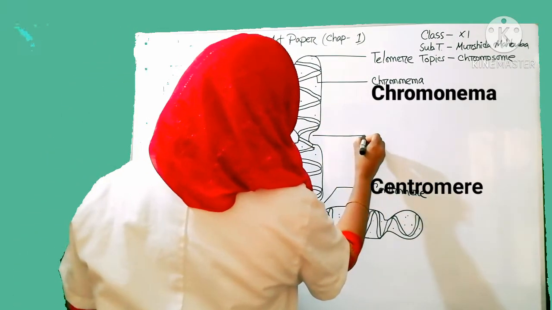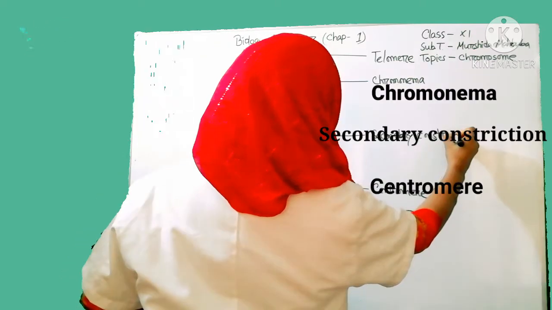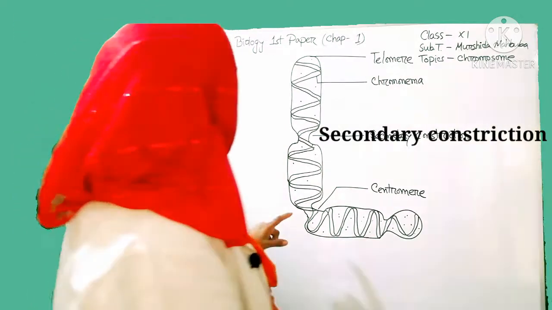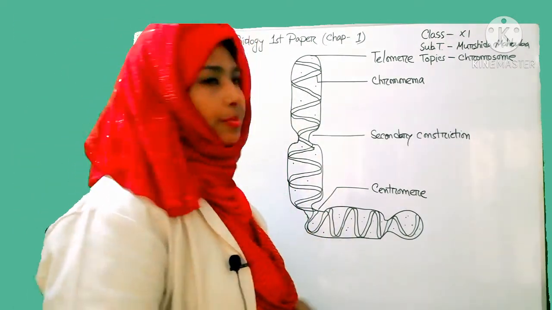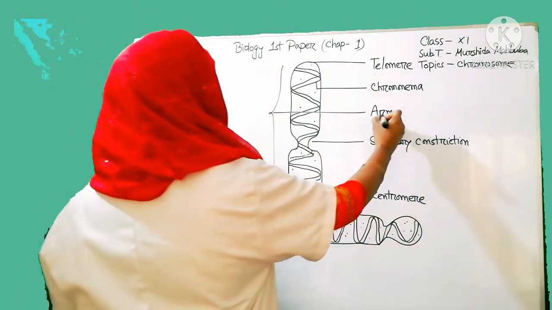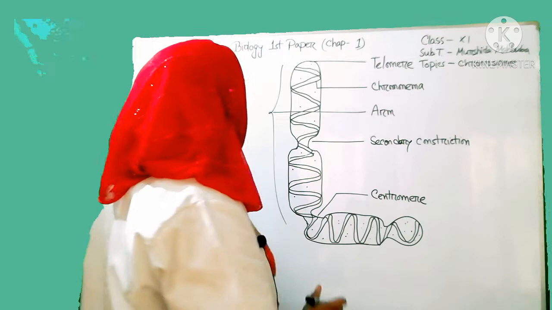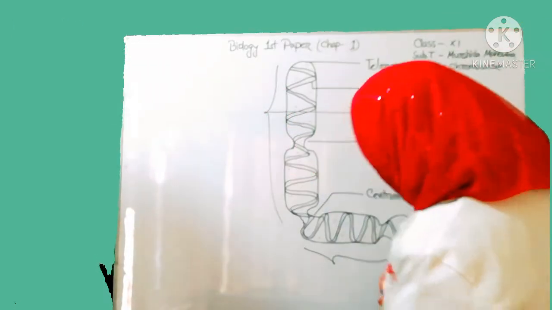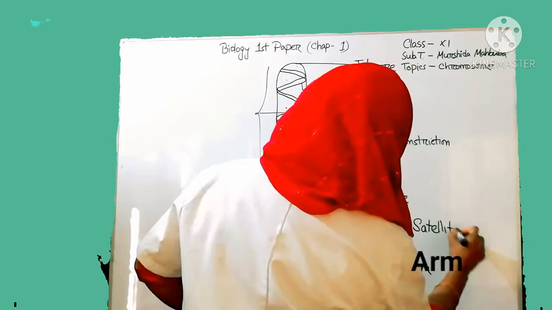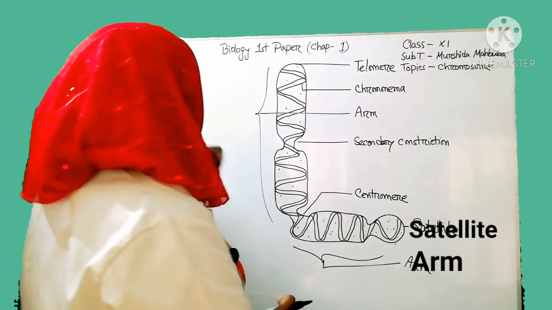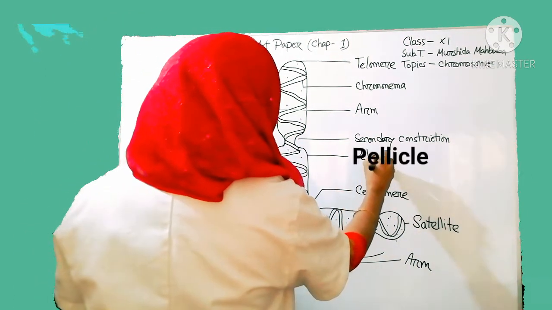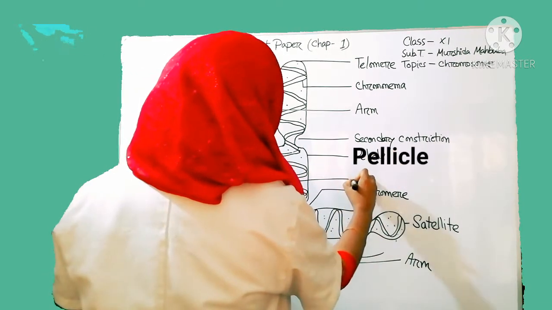This is the secondary constriction. And on both sides of the centromere, there are two arms. This is one arm, and this is another arm. This is the satellite. This is pellicle. And this is matrix.